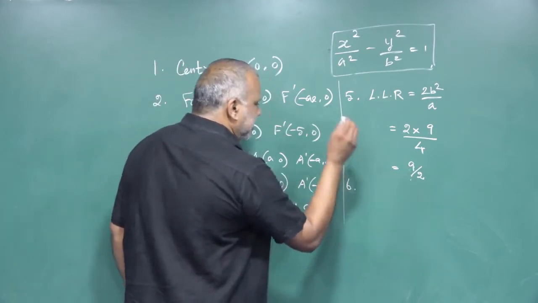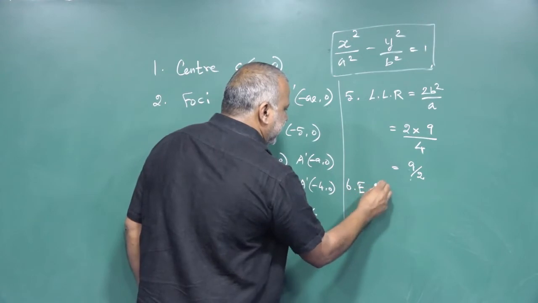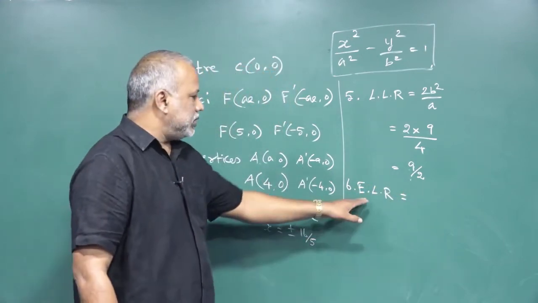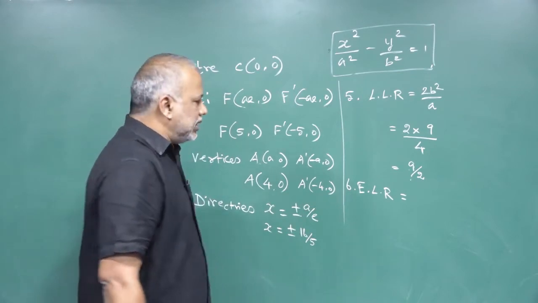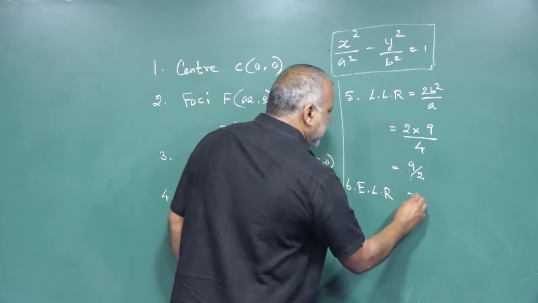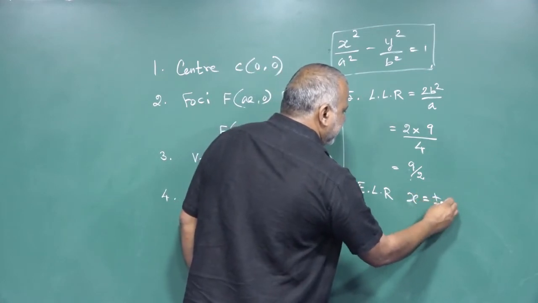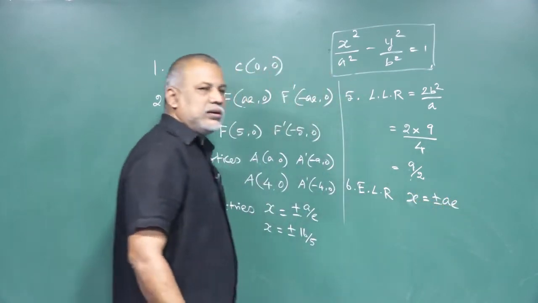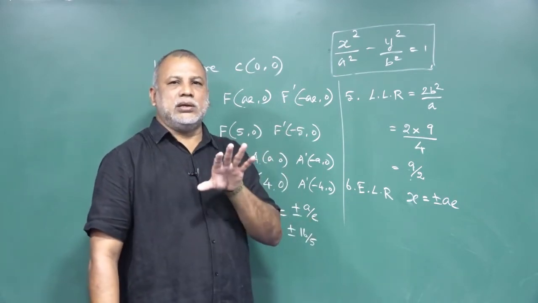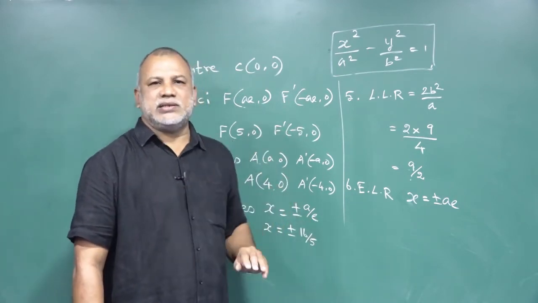Then result number 6, equation of latus rectum. The question may be asked. What is the formula? It is type number 1, x equals plus or minus ae. The reason is, what is the meaning of latus rectum? It is a focal chord perpendicular to the transverse axis.